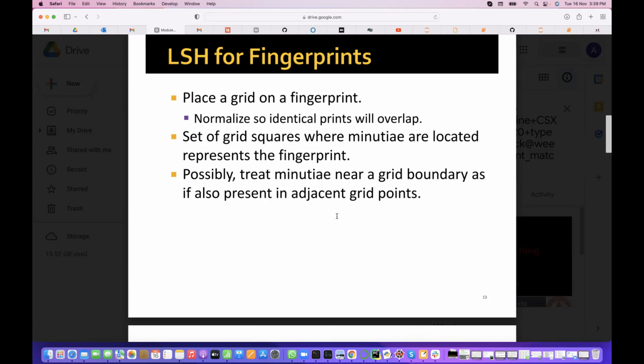Okay, he's saying that if nearby points have this, the boundaries you can extend a little bit. Even if it is not there at the boundary level, the fingerprint might not have been printed correctly. You can say that if all its boundaries have that value, you can also put the middle value as the same value.